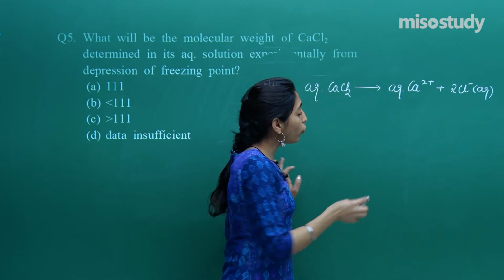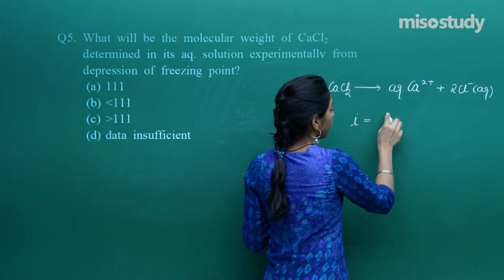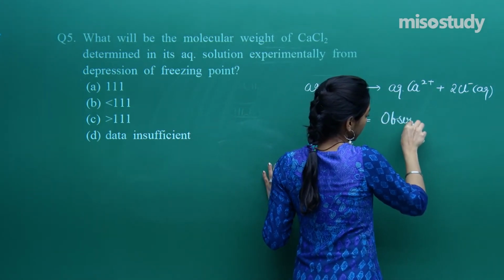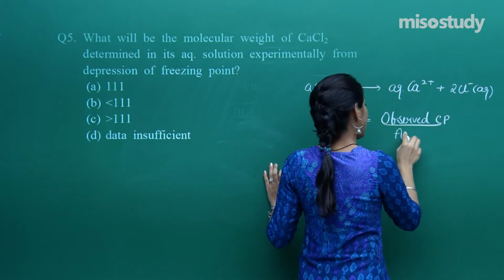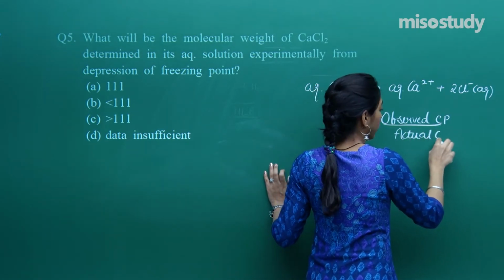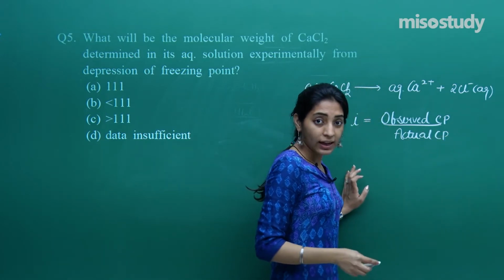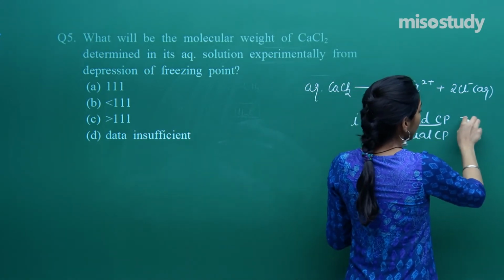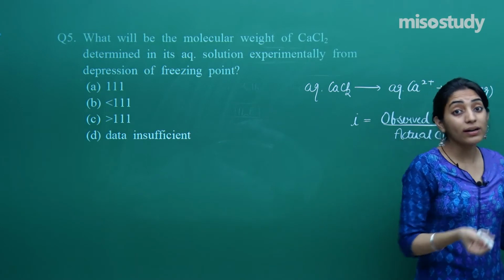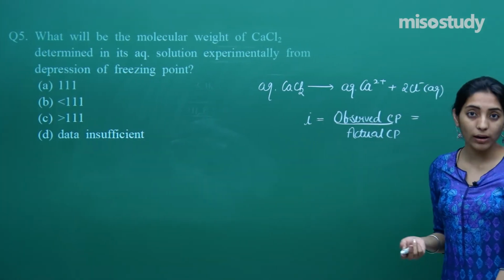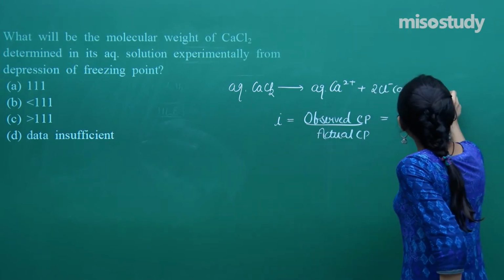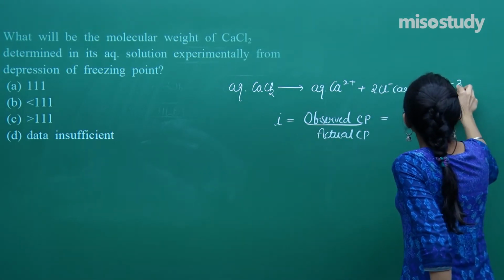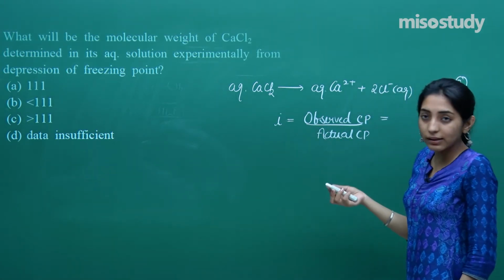And you know that i is the observed colligative property divided by the actual colligative property, whereas it is having an inverse relation with the molar mass. So if the value of i in this particular case is 3, that means it is greater than 1.